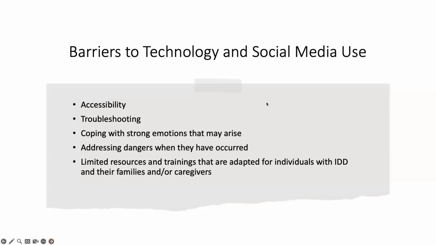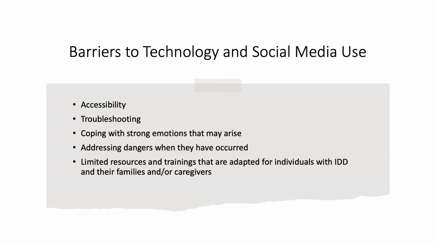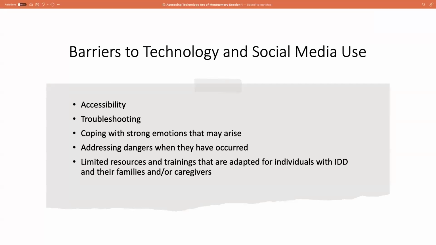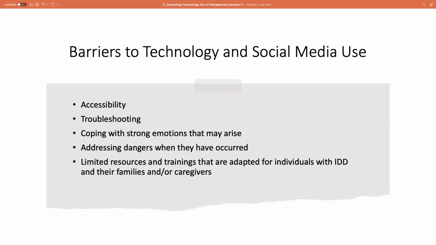When thinking about technology, we have these benefits and these risks, but there's also something we have to think of for individuals with IDD, and that's barriers. There are barriers to using technology and social media. Through my research, I found that the number one barrier is accessibility. You log on to Facebook, there's stuff everywhere. People use complicated language.